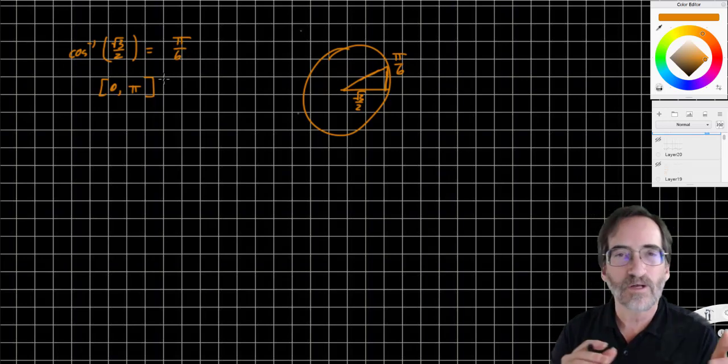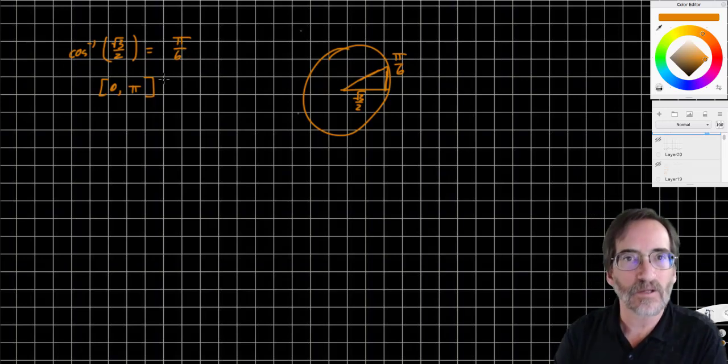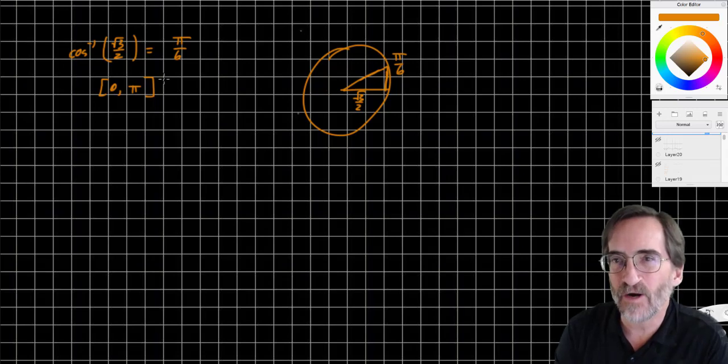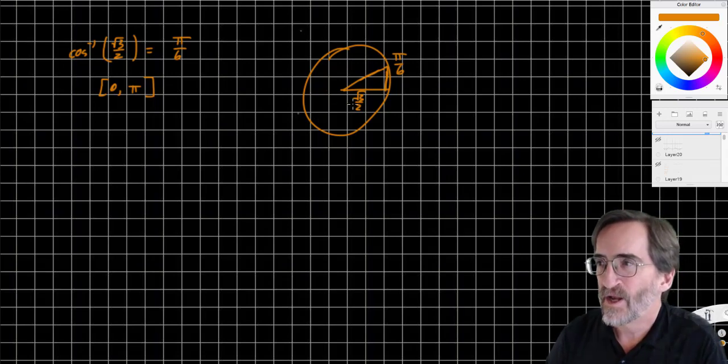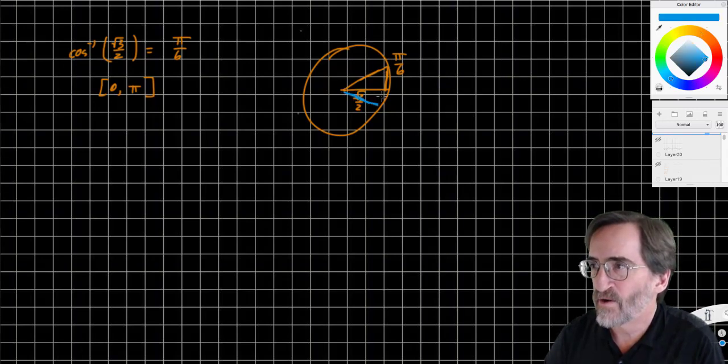The output of an inverse trig function is an angle. That's important to remember. Now that's not the only possible solution. There's also one down here. So this would be negative pi over 6, right? Or any multiple of 2 pi.